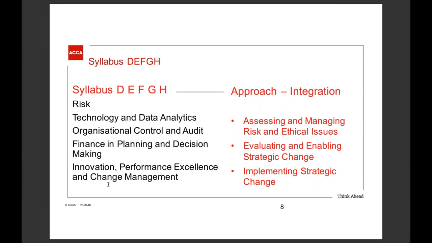Because for all these syllabus areas D, E, F, G, H, like what we covered yesterday, we will look into them in 3 main areas: assessing and managing risks and ethical issues, evaluating and enabling strategic change, and implementing strategic change.